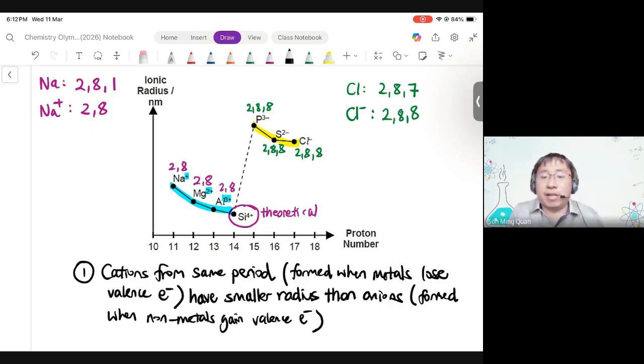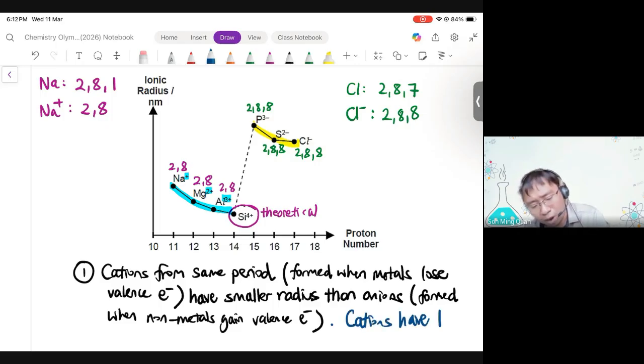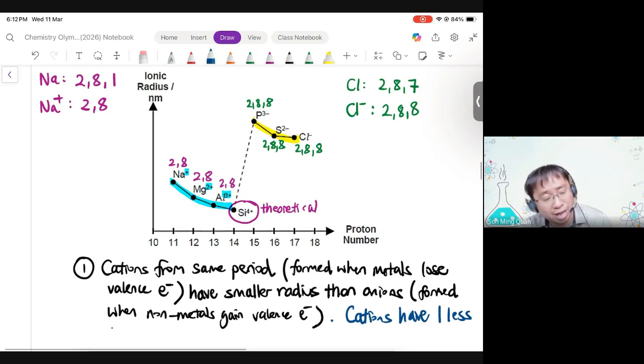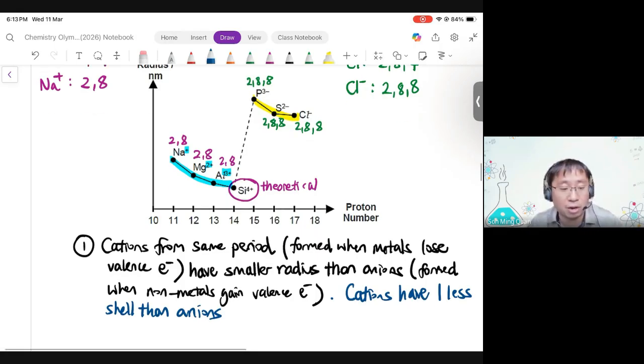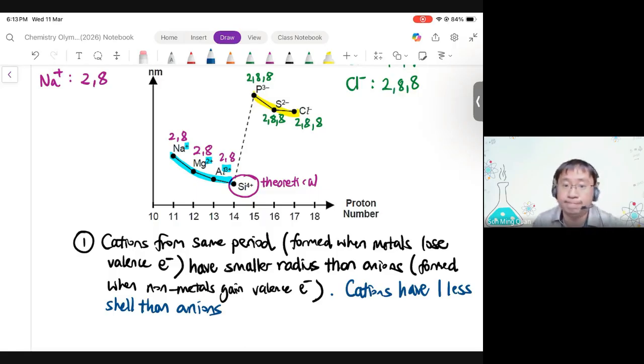Now, what's the reason for this? You must explain, right? Chemistry is all about explaining. So the reason for this is cations have one less shell than anions, right? The cations are all 2-8. The anions are all 2-8-8. So the cations have one less shell.